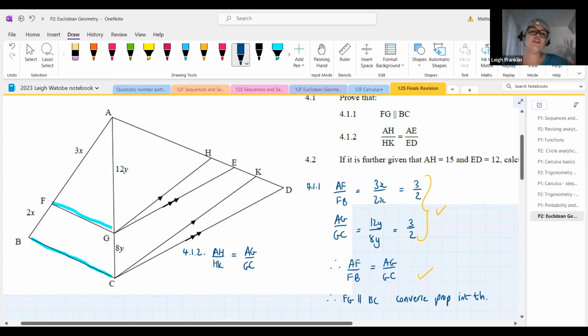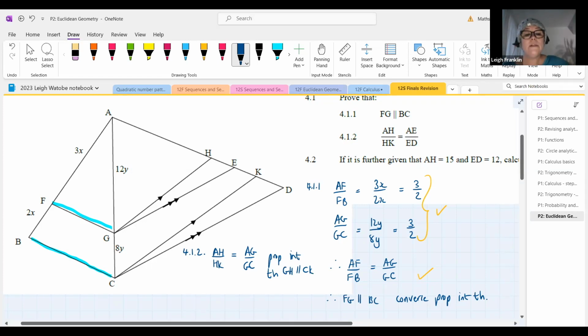Why is AH over HK equal to AG over GC? Our reason? Proportionality. That's it, Chloe. Proportionality intercept theorem. And then remember, we've got to name the parallel lines. So we have GH parallel to CK.